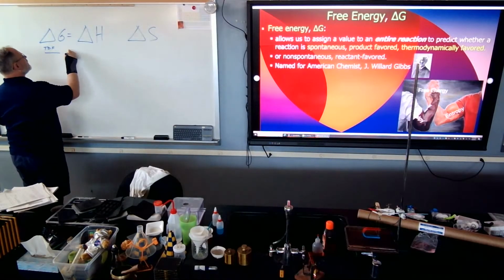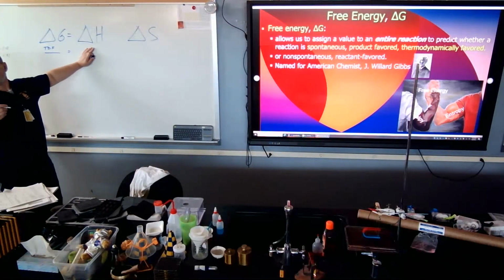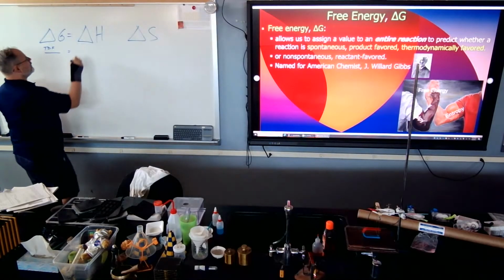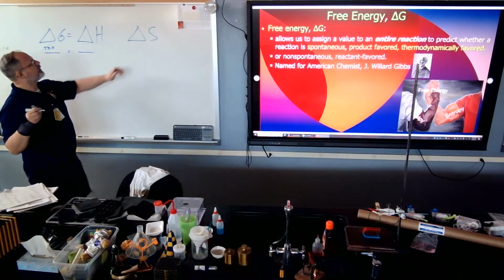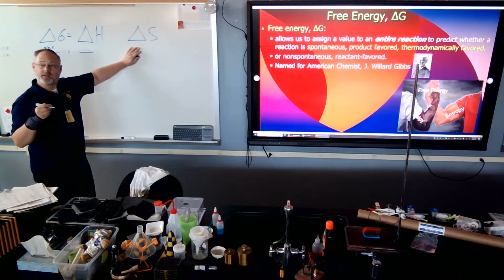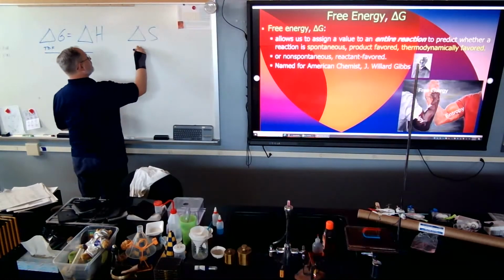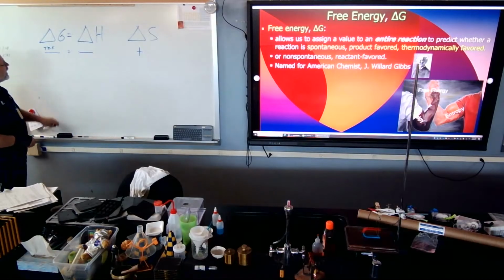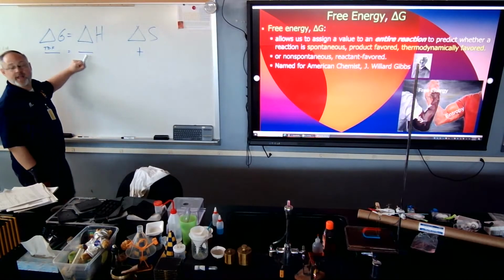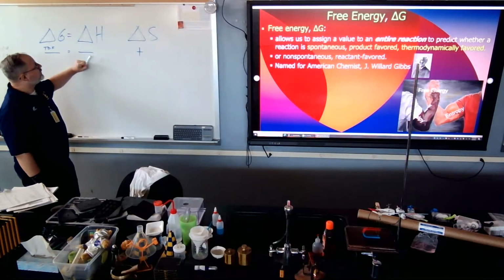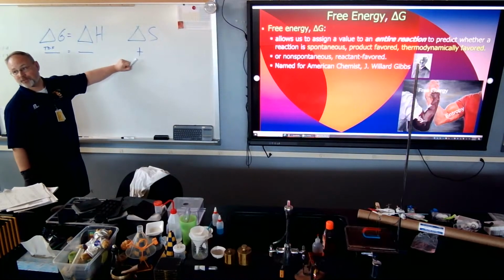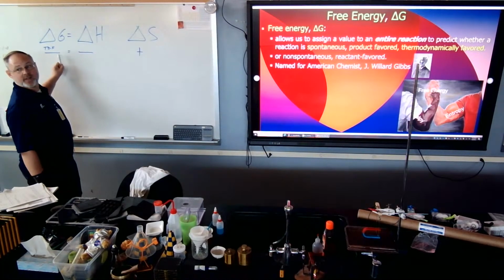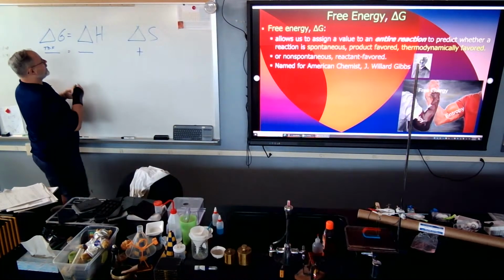And what's the sign of a thermodynamically favored enthalpy? Negative delta H. Negative. And what is the sign of a thermodynamically favored entropy? Positive. Okay. So to make sure that a thermodynamically favored negative value combined with a thermodynamically favored positive value will always return a negative value, you put a negative sign right here.